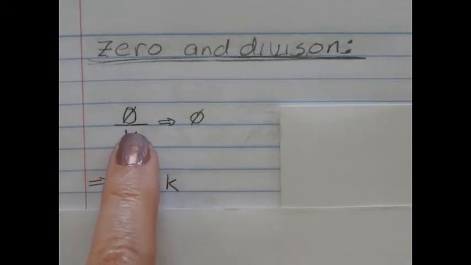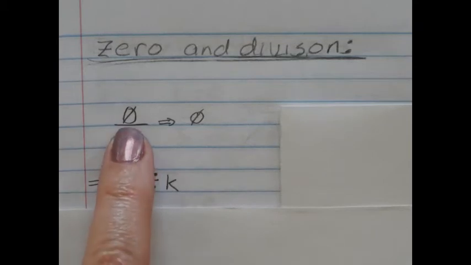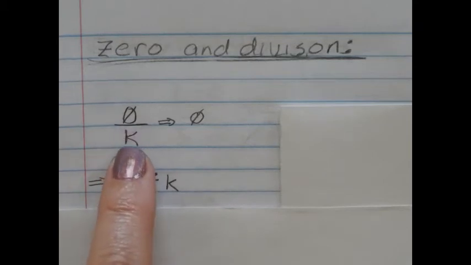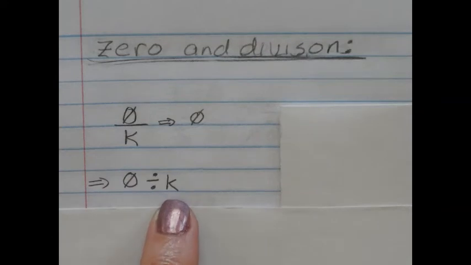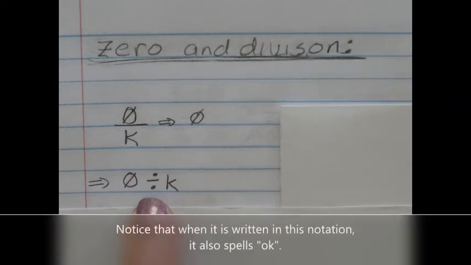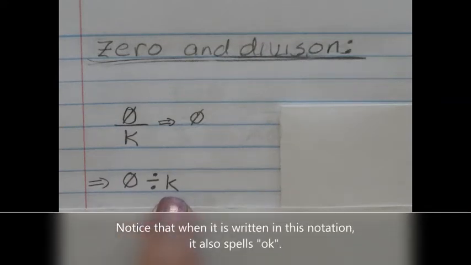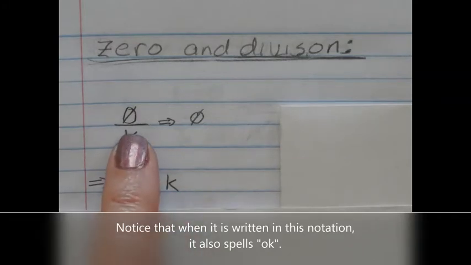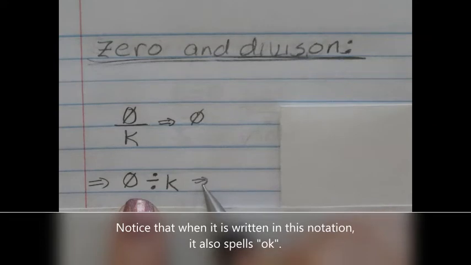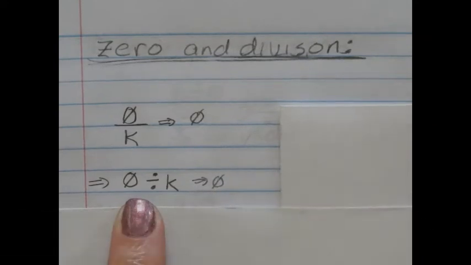This line means divided by k. So the way you read it, 0 divided by k, is the way that you would write it in old school division form. This answer and this answer are exactly the same. The answer here is 0.